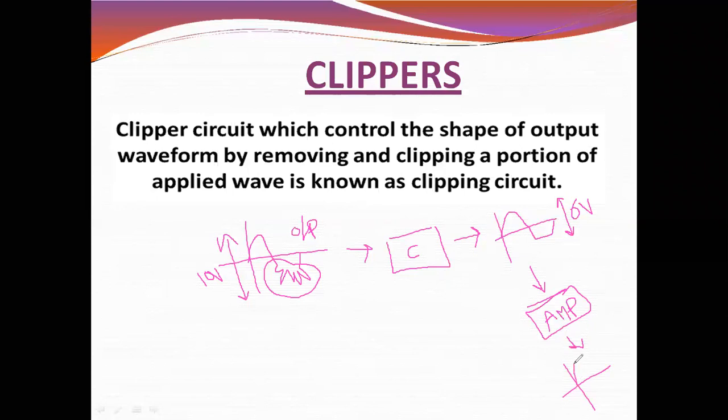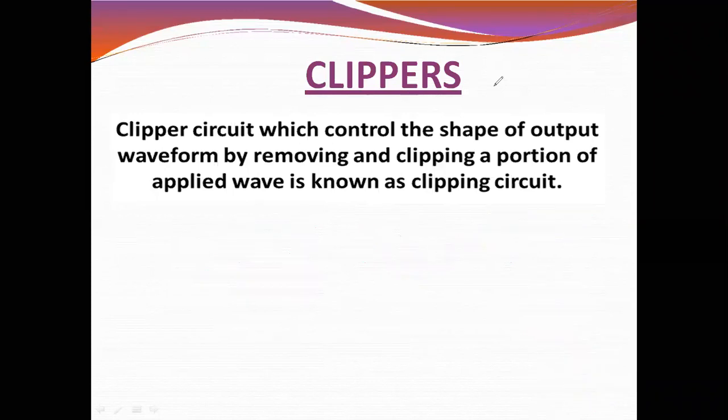It won't alter the time period, it won't alter the frequency, it only increments the amplitude. That was the need of the clipper. Clear all of you? I hope it was clear. What is a clipper? Why am I going to use this clipper? If you are clear with these things, then we will go for the types of the clipper.